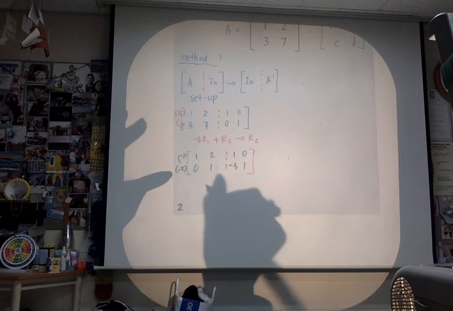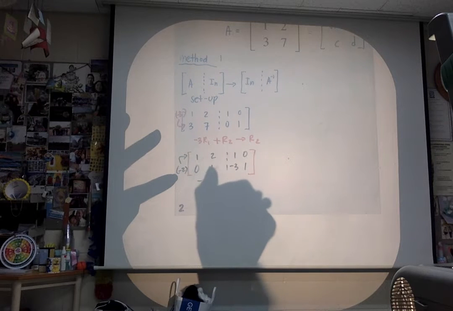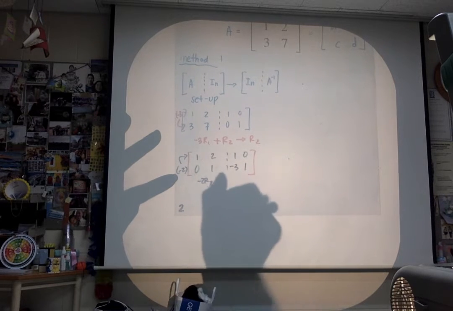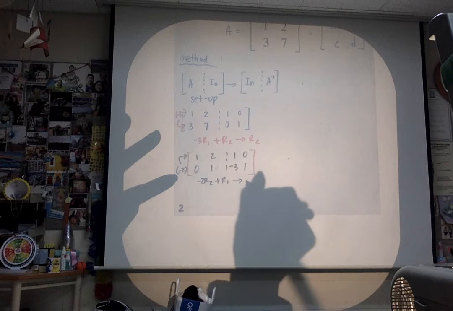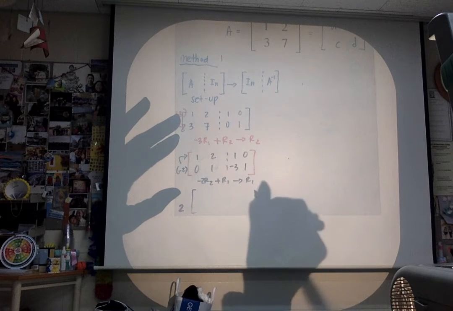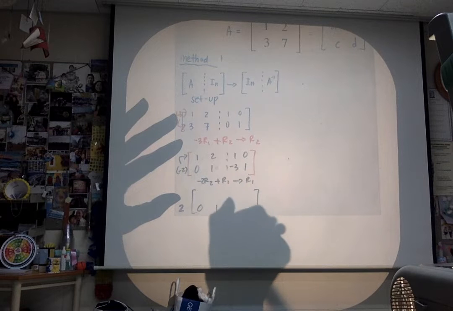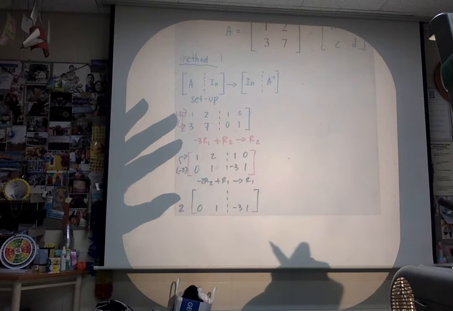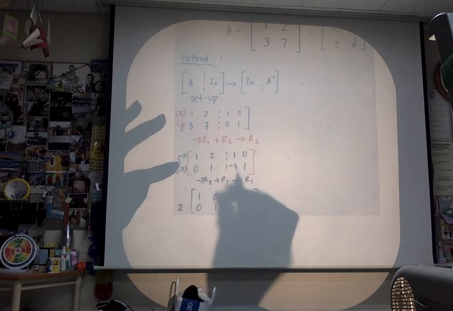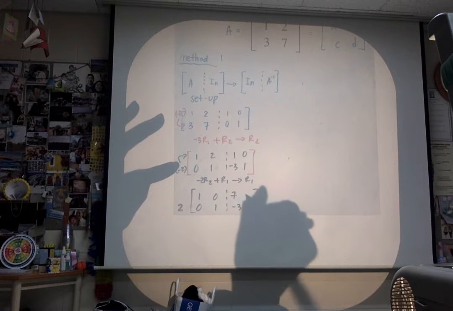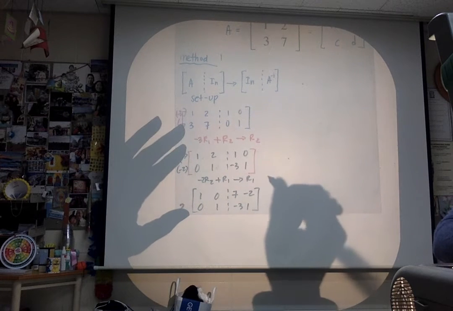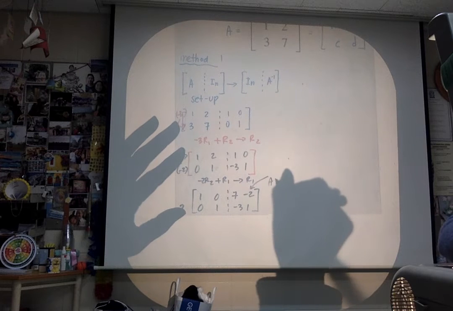If you're doing elementary row operations, you take -2 times row 2 and add it to row 1 to get your new row 1. So last step, I think. You're not doing anything to this row, so I write it first. I get 1, 0, 7, -2 here, and 0, 1, -3, 1, and that right here is my A inverse.